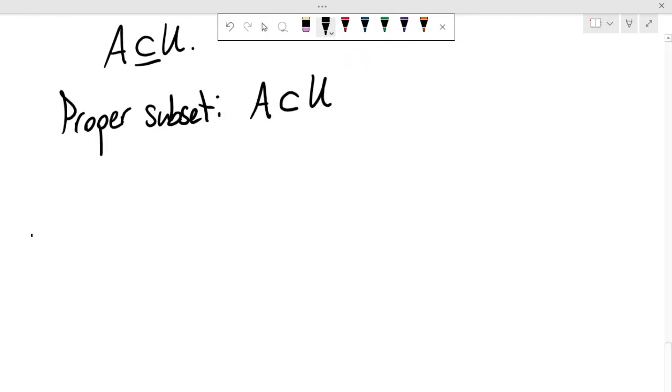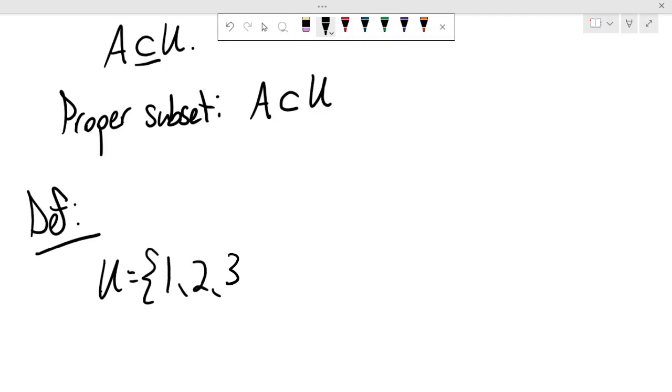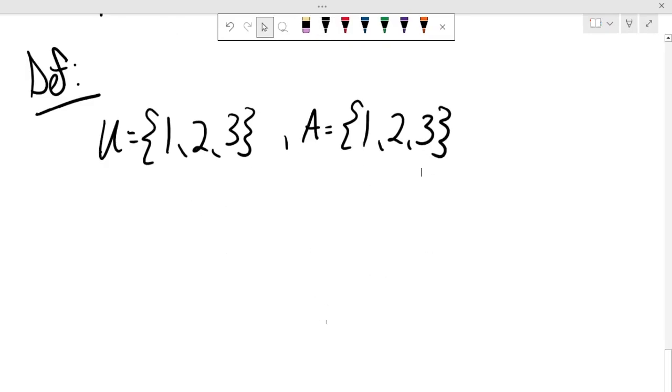So what if we had that U is equal to 1, 2, and 3, and we had that A is equal to 1, 2, and 3. Okay. Then what is A complement? Okay.